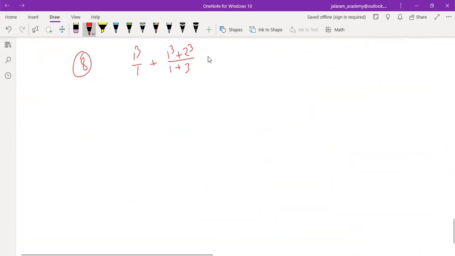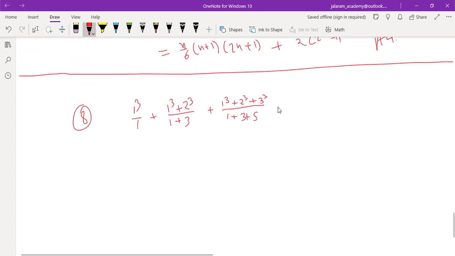So we write plus 1 cube plus 2 cube plus 3 cube over 1 plus 3 plus 5. So can you guess what should be the fourth term? 1 cube plus 2 cube plus 3 cube plus 4 cube over 1 plus 3 plus 5 plus 7.